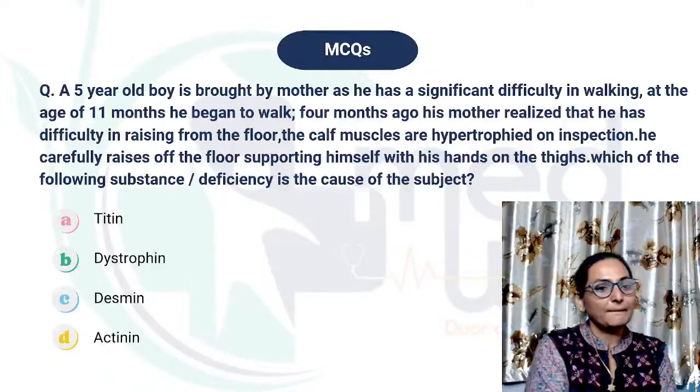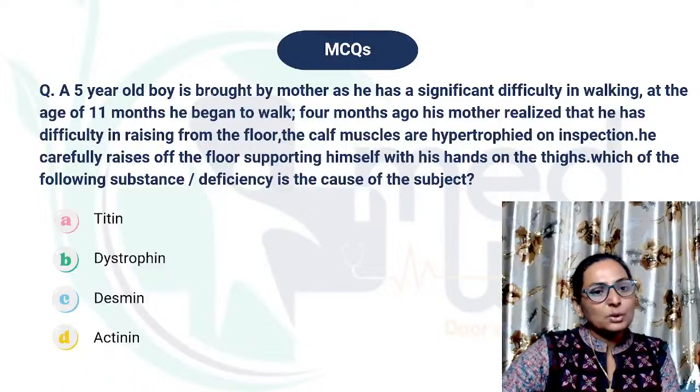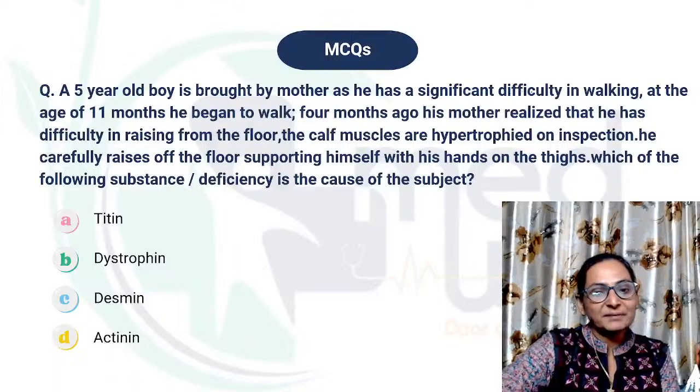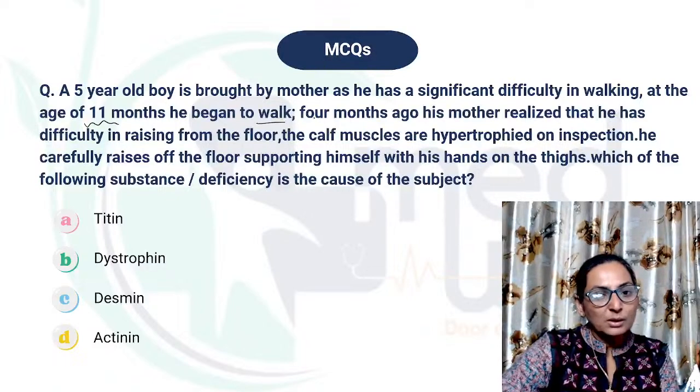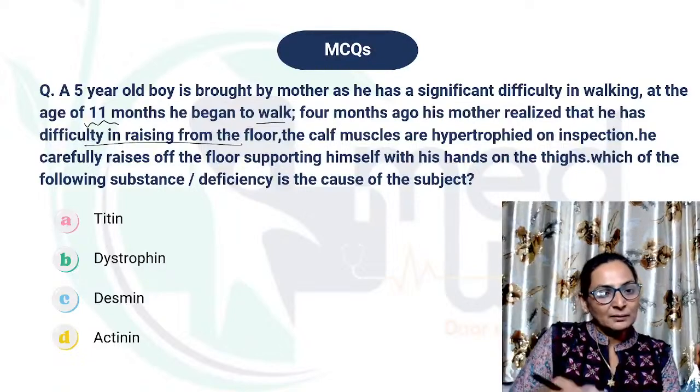Now, a 5-year-old boy is brought by his mother because he has difficulty in walking. At the age of 11 months, when he started to walk, the mother realized that there is a difficulty in rising from the floor.